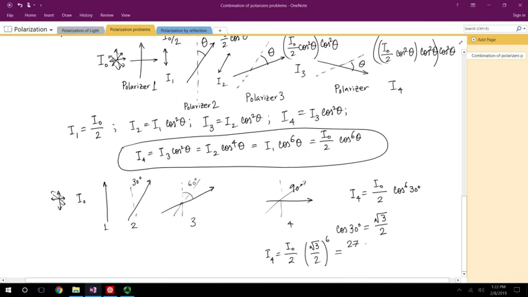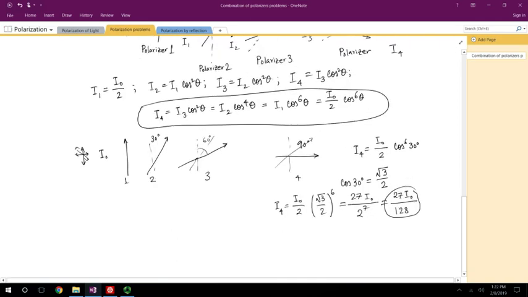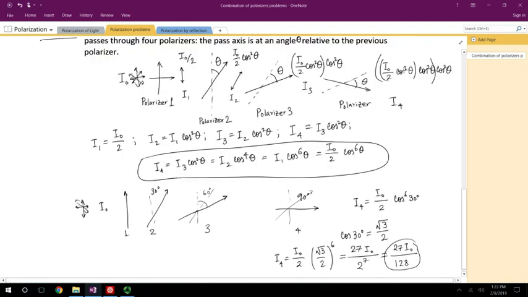So we have 27 I naught divided by 2 to the power of 7. Okay, what is 2 to the power of 7? That is 128. So it is 27 I naught divided by 128. So that is our answer. We can simplify this by using a calculator. You can calculate what 27 over 128 is, but essentially this is the idea for finding out intensities with a set of multiple polarizers.